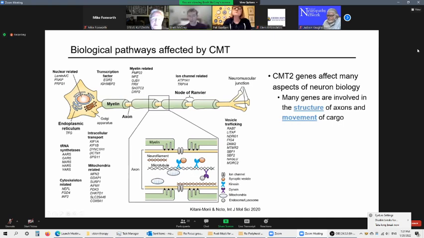So these microtubule tracks that I mentioned, and also movement of things along the microtubules. And so some of those genes here are shown in blue. Some of the ones in transport, these kind of motors, are shown in blue here. And then the things that the motors actually move are shown here. So it really highlights how important this movement is to the health of a peripheral nerve.